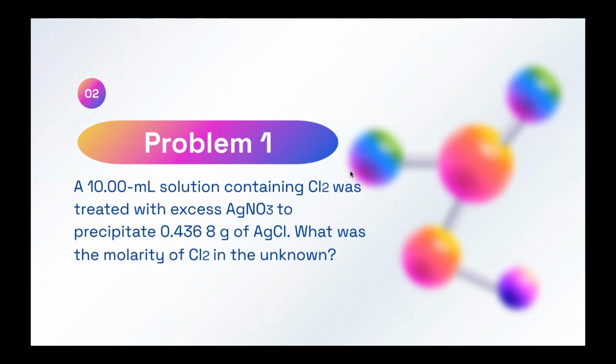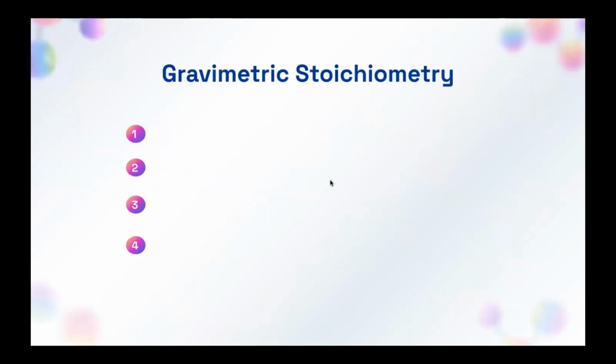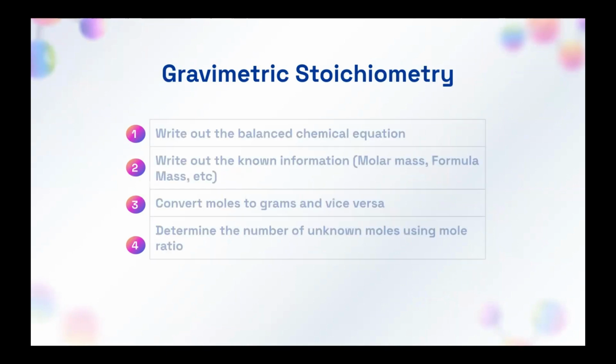I think this is supposed to be a chloride ion. It's not supposed to be chlorine gas. Anyway, that's my mistake. So before we solve it, I have here 4 basic steps in gravimetric stoichiometry. This is not all of the steps, but you usually use these in solving gravimetric problems.